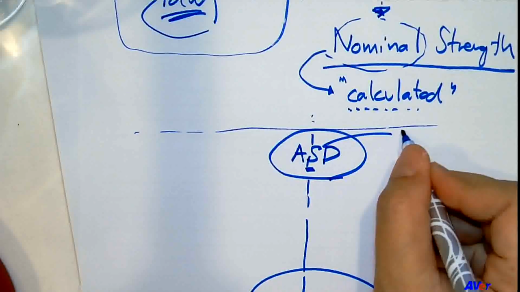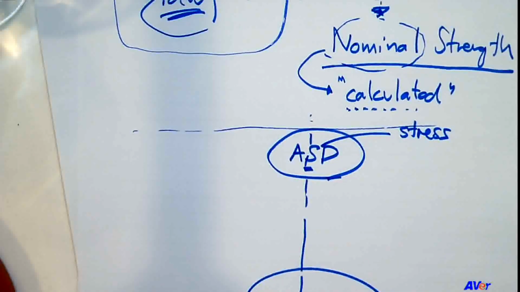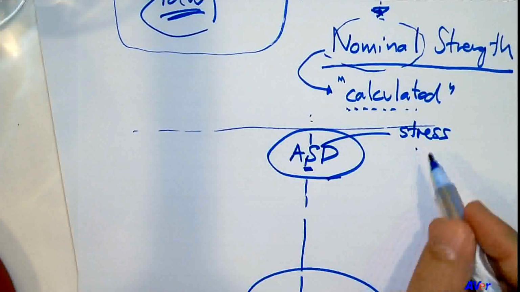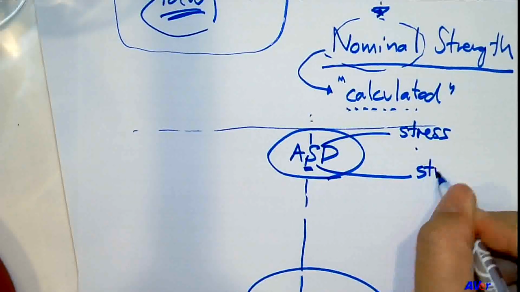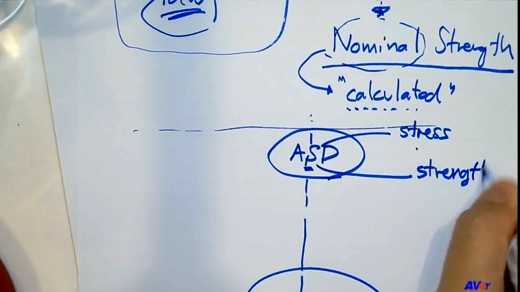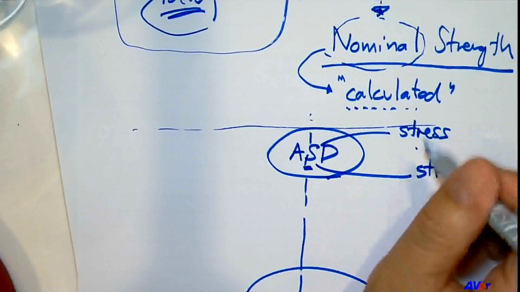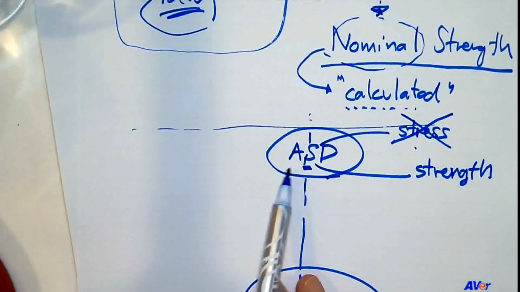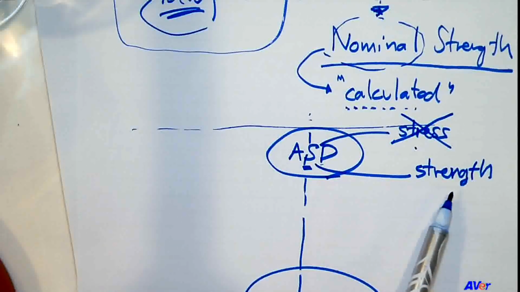For ASD 89, this is stress. But when they unified, they no longer use the stress because it doesn't work in some cases. So the new ASD S stands for strength. Wow, what a coincidence, right? They don't need to change the name. But they don't use this anymore, ladies and gentlemen. So the new ASD stands for allowable strength design.